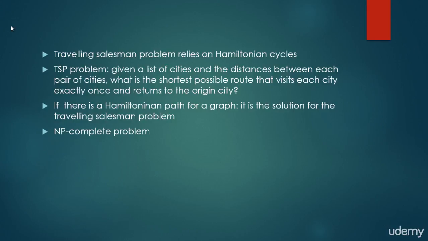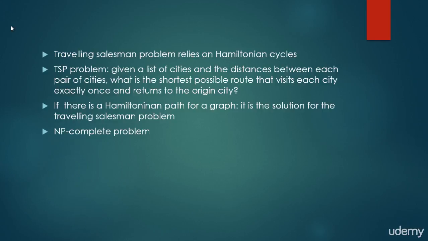So why is it important? Because the traveling salesman problem relies heavily on Hamiltonian cycles, and lots of graph algorithms can be reduced to the traveling salesman problem. For example, optimization problems and so on. So what is this TSP, or traveling salesman problem? We are given a list of cities and the distances between each pair of cities.